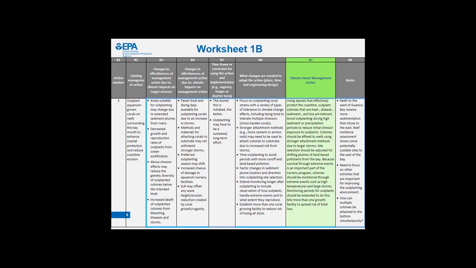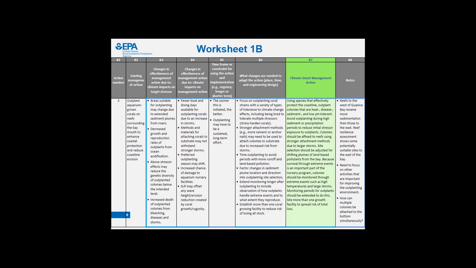The timing of outplanting to avoid periods of runoff or other land-based pollution or heat stress, for that matter, may need to be altered. And factoring changes in sediment plume locations and directions into outplanting.